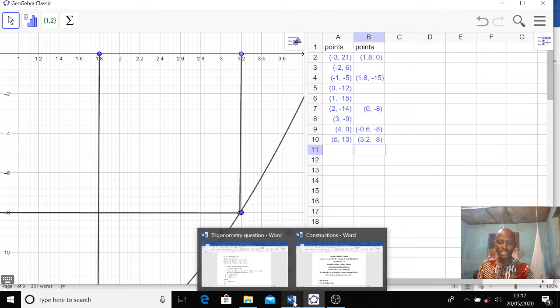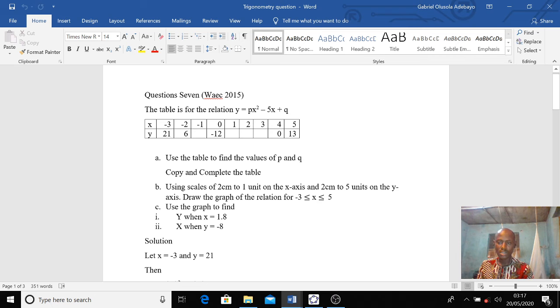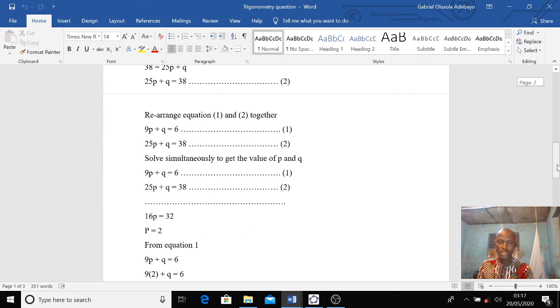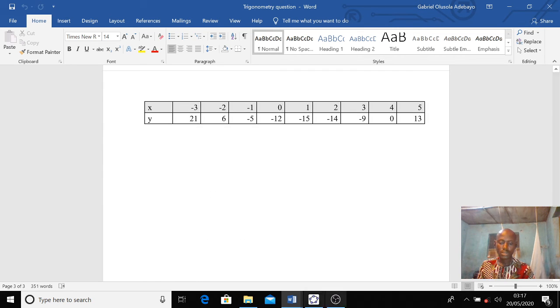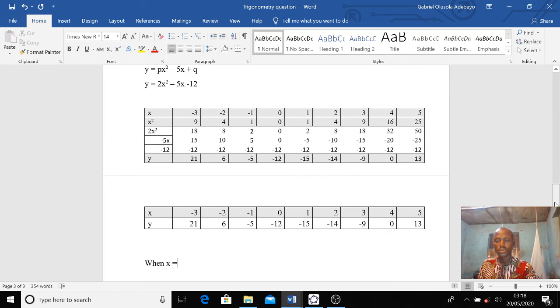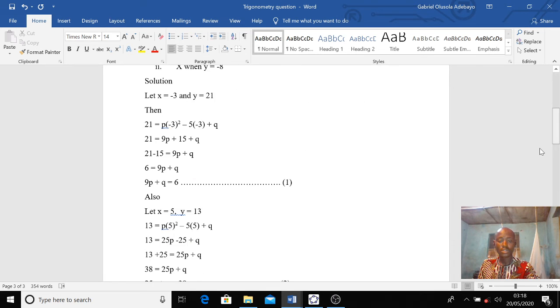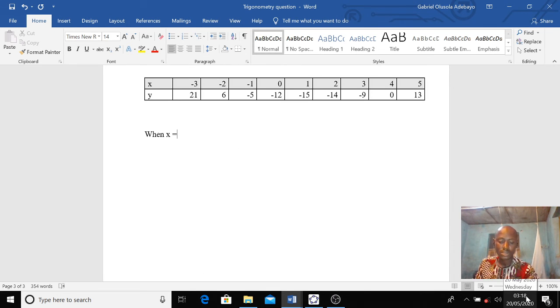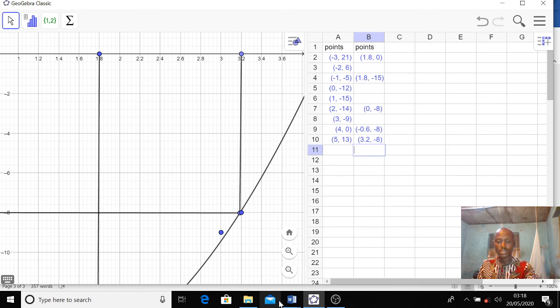So we can now write it that when x equals 1.8, y will be equal to minus 15.